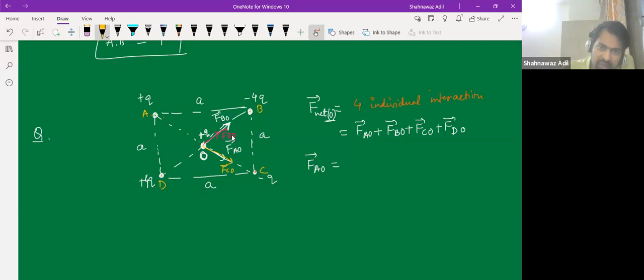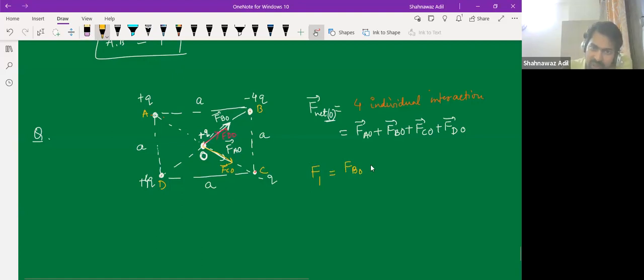FBO and FDO are in the same direction, right? So they will add up. They are in the same direction, so they will add up. If I calculate the magnitudes, let's say this is F1, that would be FBO plus FDO, because they are in the same direction, and let me write only the magnitude.